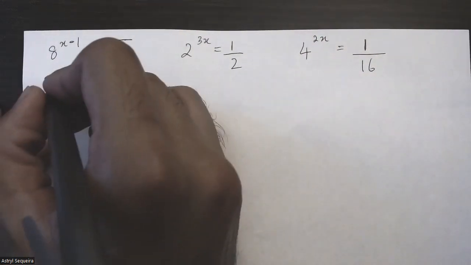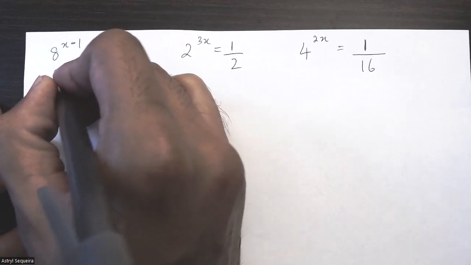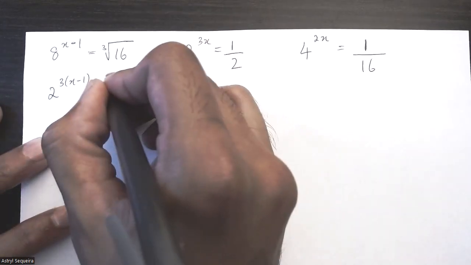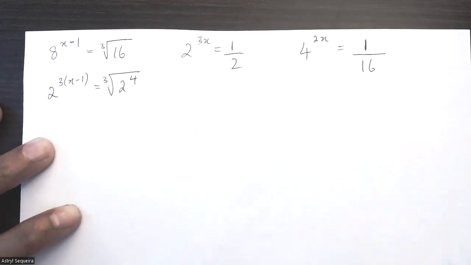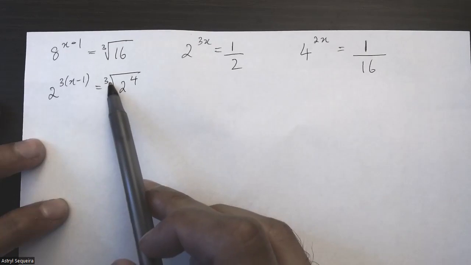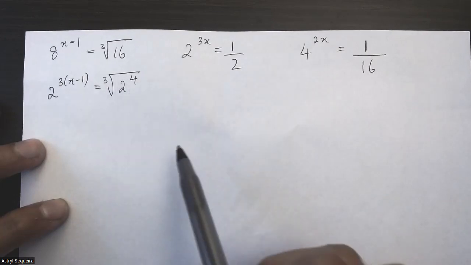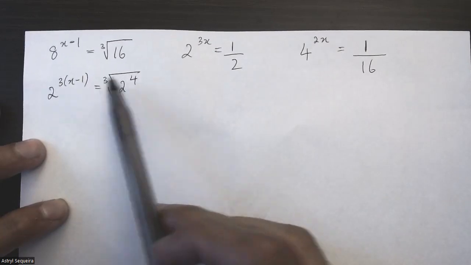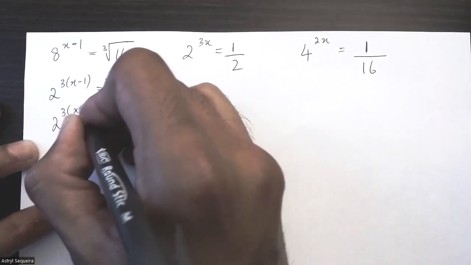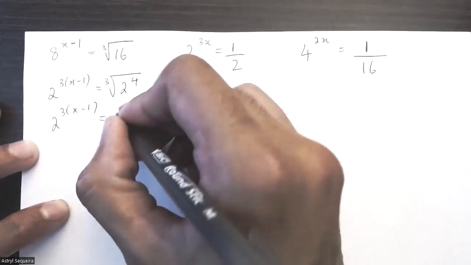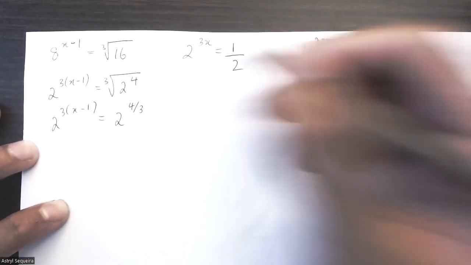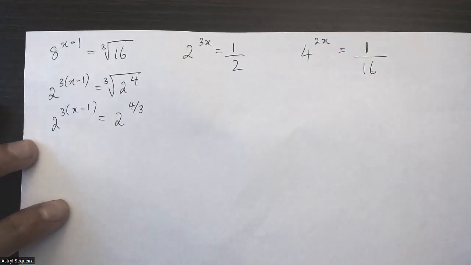So let me convert this: 2 cubed is 8, and 2 to the power of 4 is 16. Next, I'll get rid of this cube root and I'll turn it into an exponent. Remember, whatever's outside your root is the denominator of the exponent. So this is just going to turn into 4 divided by 3.